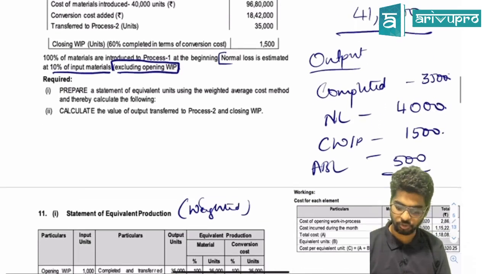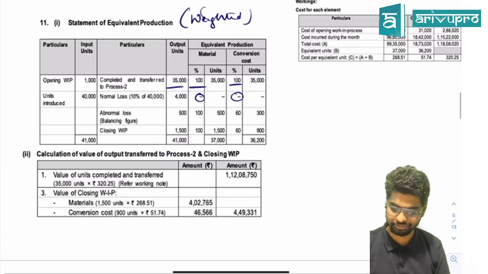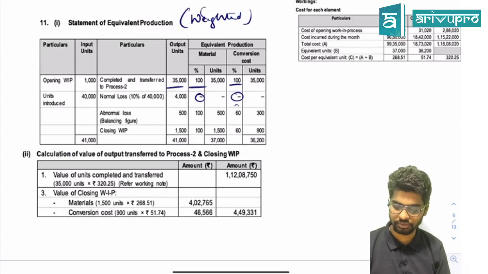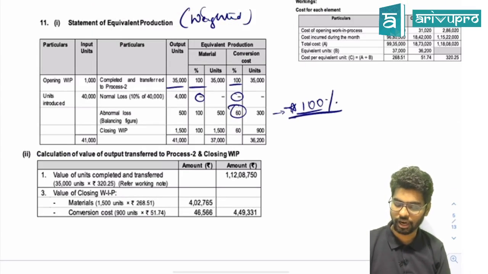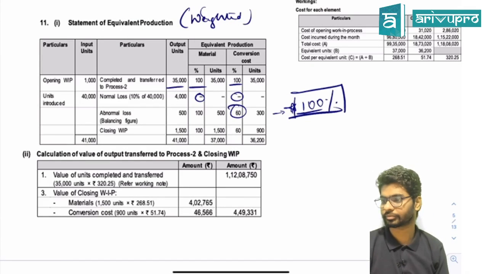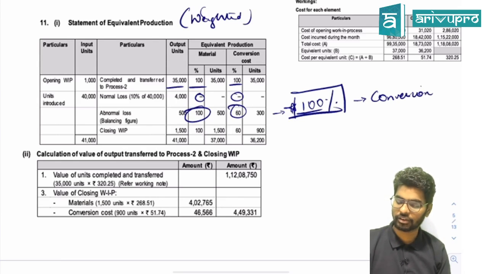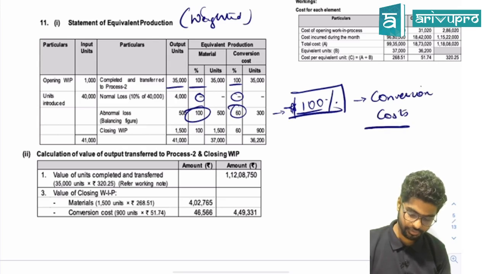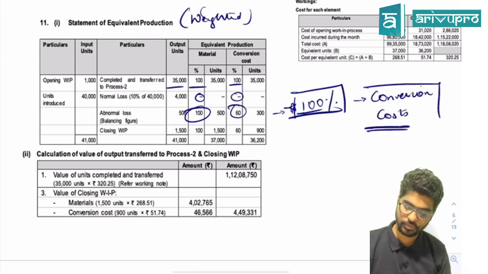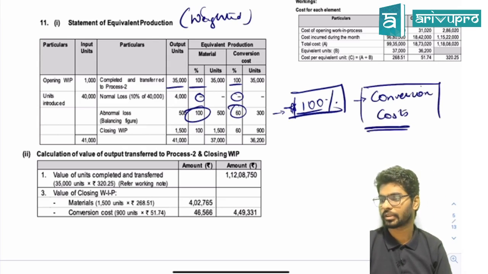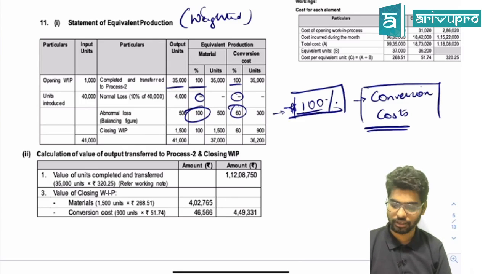Now you can assume it to be 100% in your exam. In this exam question, they have taken it as 60%, but you can always assume it to be 100%. Are you clear? Material they have taken 100%, even you can write an assumption that the conversion cost is equal to 100%.